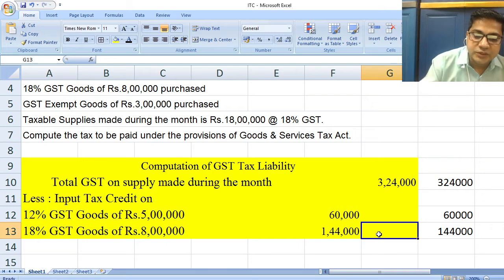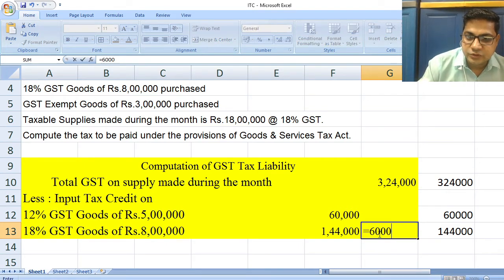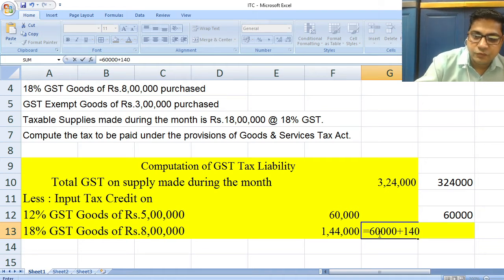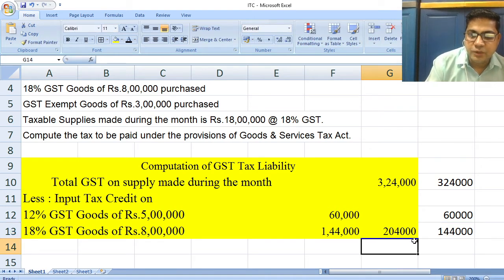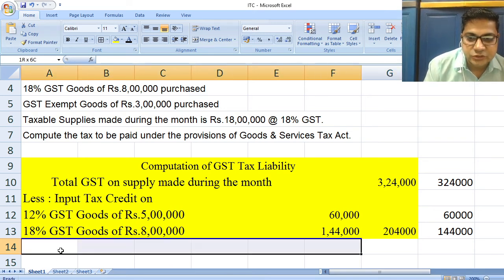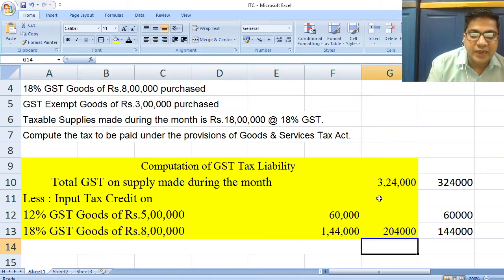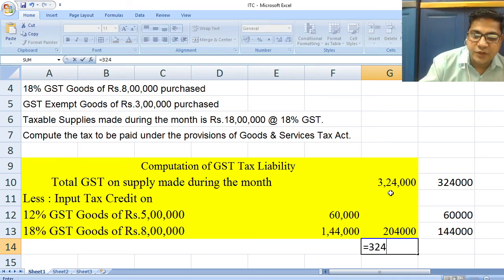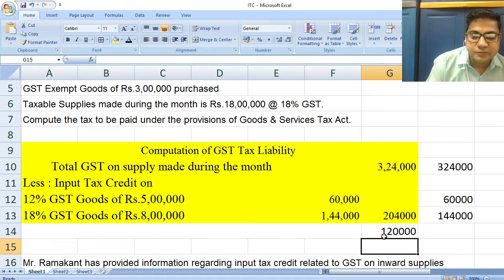The total amount of GST paid at the time of purchase is 60,000 plus 1,44,000, so the total paid is 2,04,000. Now friends, we have to deduct this amount from the sale tax: 3,24,000 minus 2,04,000 GST paid.